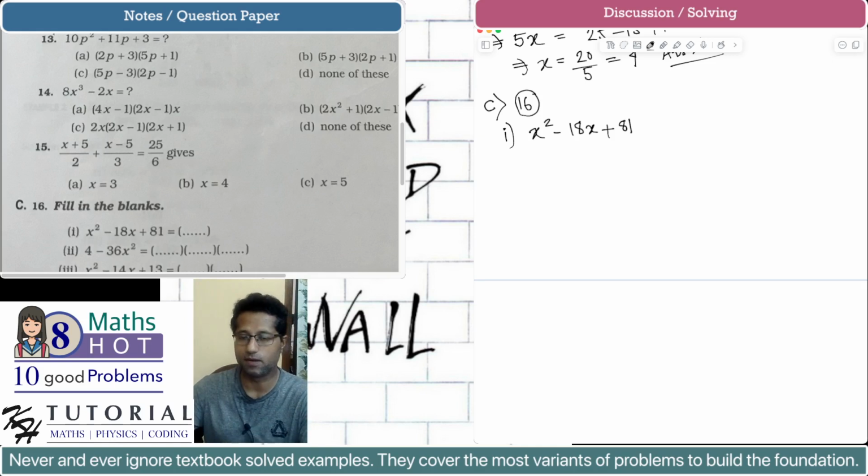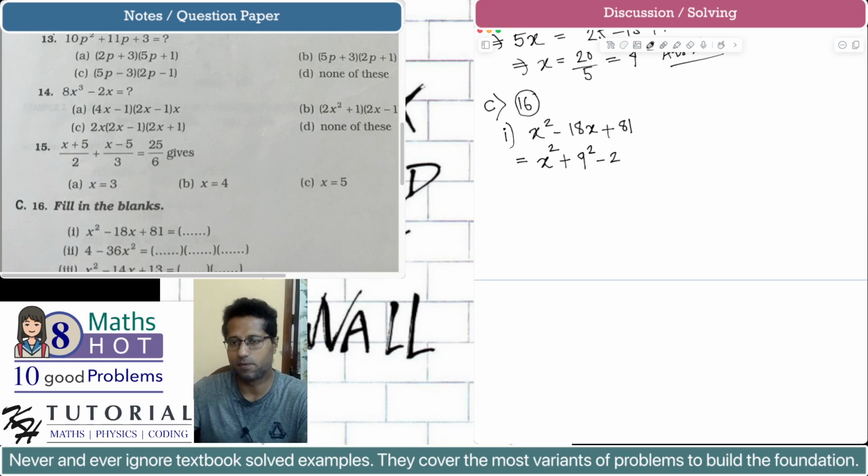Next, we will see if we can form a square plus b square plus twice ab, or a square plus b square minus twice ab. We can see that in the given expression, we have x square, and 81 can be expressed as 9 square. We already got a square plus b square. Now we check whether we can express the minus 18x as 2 into ab.